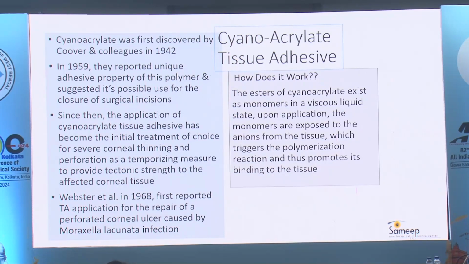Since then the application of cyanoacrylate adhesive has become the initial treatment of choice for severe corneal thinning and perforations, as a temporizing measure to provide tectonic strength to the affected corneal tissue. So how does it work? The esters of cyanoacrylate exist as monomers in a viscous liquid state. Upon application, the monomers are exposed to anions from the tissue, which triggers the polymerization reaction, and thus it promotes binding to the tissue.